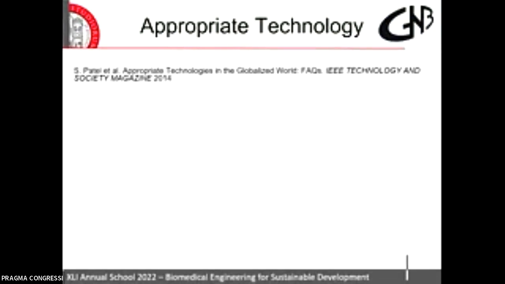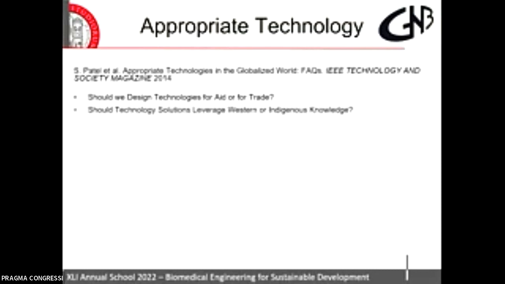So there are a number of open issues that can be raised. When dealing with appropriate technology, should we design technology for aid or for trade? This is something we will discuss again in a few minutes. Should technology solutions leverage Western or indigenous knowledge?